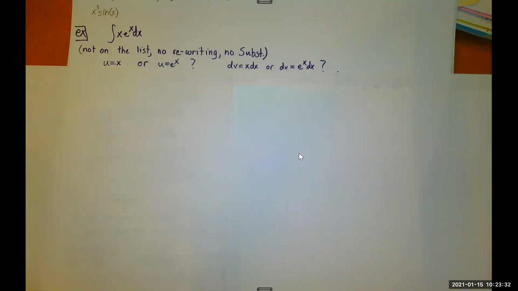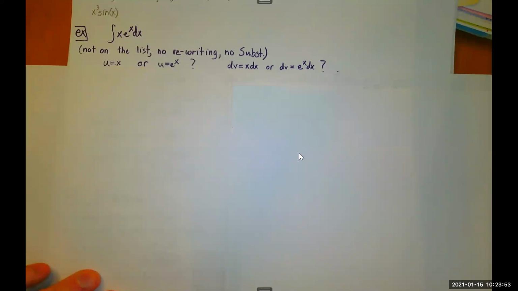And the general thing is, going back to the chess analogy, think a few moves ahead. If I choose u to be x, taking the derivative of u, I get dx. If I choose u to be e to the x, I get e to the x dx for the derivative. If I take the antiderivative of x dx, I get 1/2 x squared.